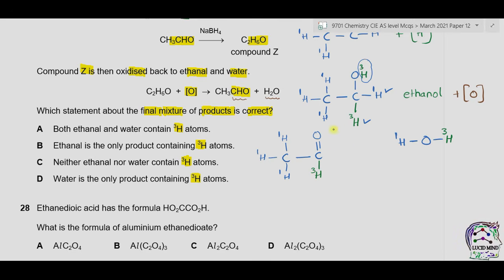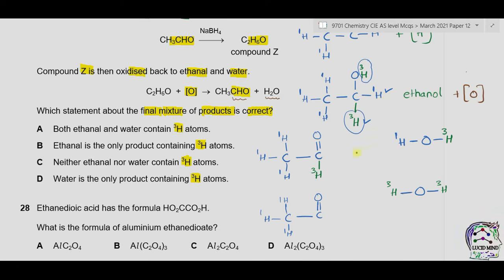In the second possible structure of the aldehyde, we have CH3, then the carbonyl carbon, and if this hydrogen atom is removed along with this one to form water, the water would be like this. We have oxygen and tritium hydrogen to form water.